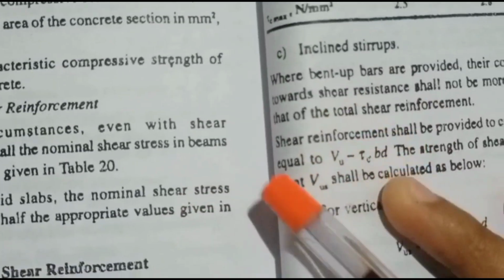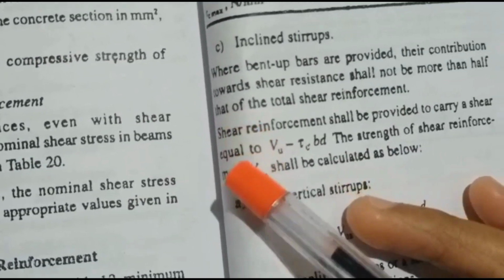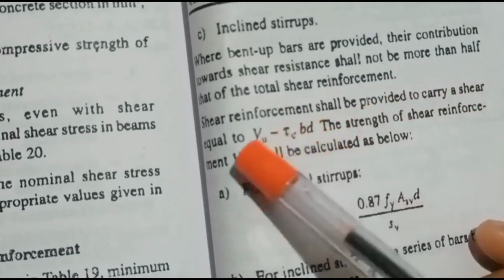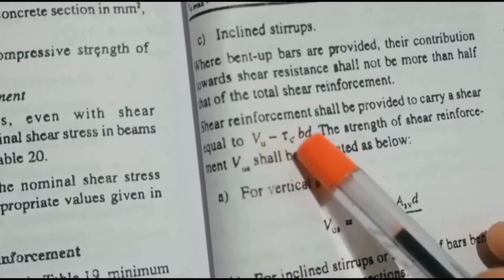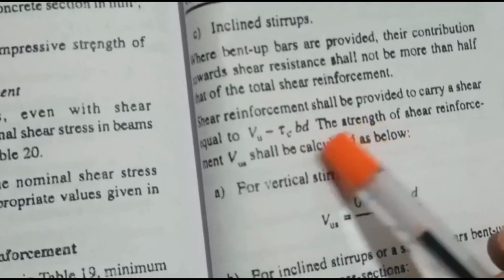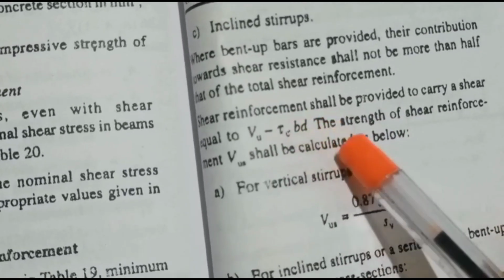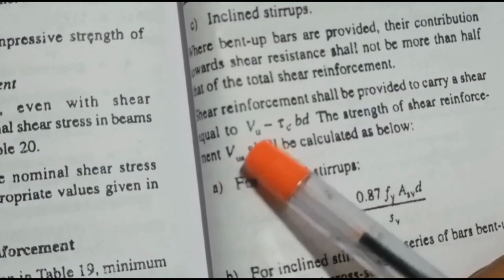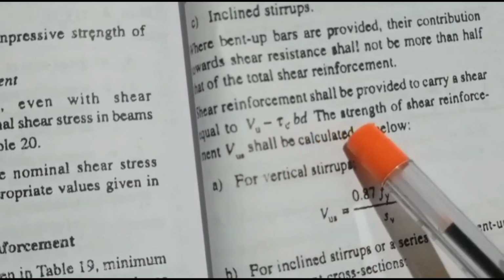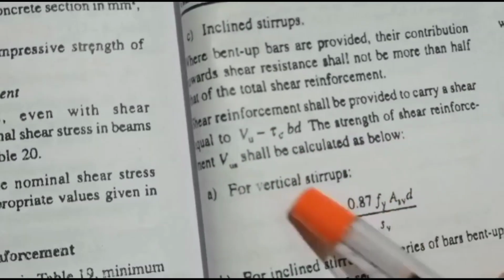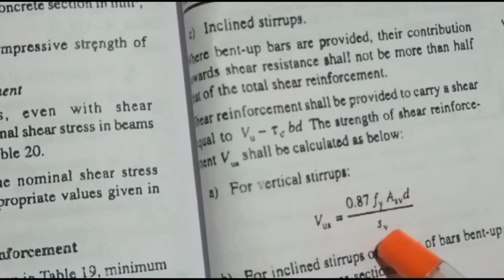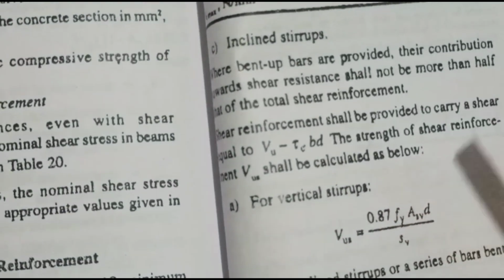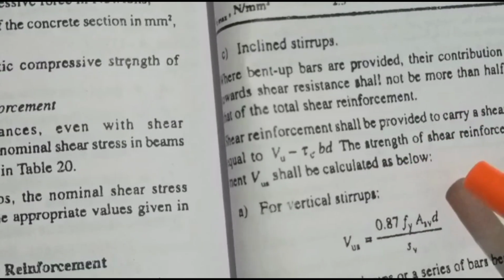So what they have said here, shear reinforcement shall be provided to carry a shear equal to Vu minus tau c B D, tau c into B into D. The strength of shear reinforcement, that is Vus, shall be calculated as below. For vertical stirrups, they have given the formula. By using this formula, we will calculate the vertical stirrups.